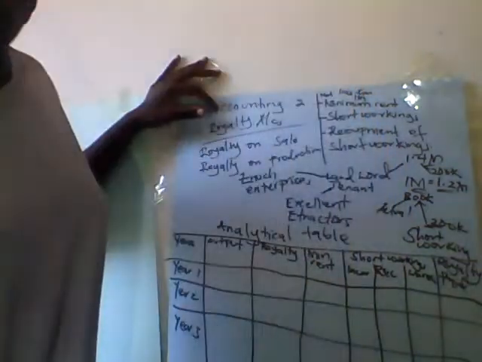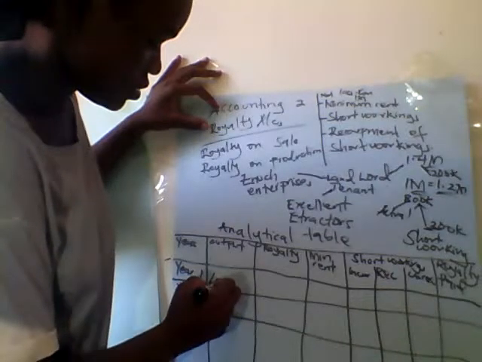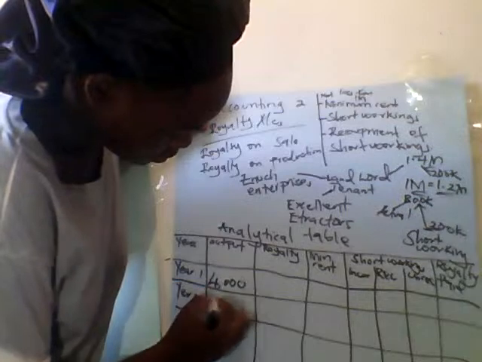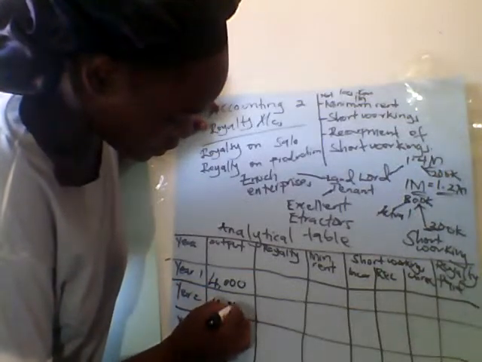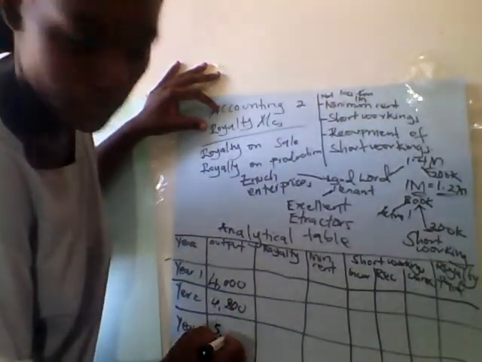What was produced that they've given us for the 3 years, the output. For this it is 4,000, then 4,800, then 5,400.